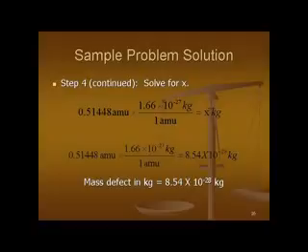We multiply across the top, 0.51448 atomic mass units times 1.66 times 10 to the negative 27th kilograms divided by 1 AMU, which gives us 8.54 times 10 to the negative 28th kilograms. So our mass defect in kilograms is 8.54 times 10 to the negative 28th kilograms.